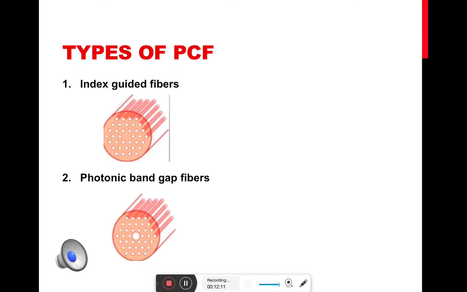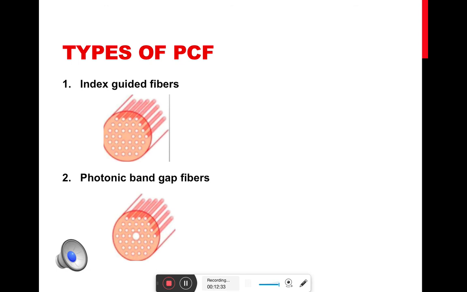In a photonic band gap fiber, you can see at the center there is a hollow portion, a circle portion in white. That means the core is air. Okay, the core is air in photonic band gap fiber. So the main difference between index guided fiber and photonic band gap fiber is that the core is air in photonic band gap fiber.